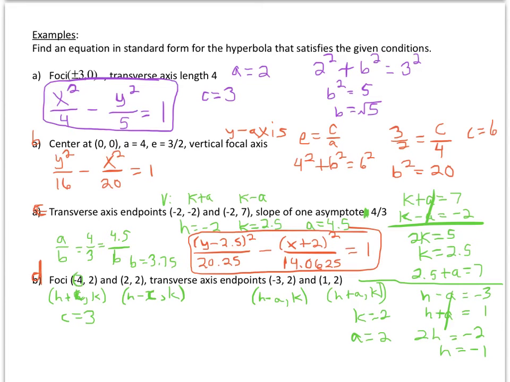Basically, these 2 points are 3 away from h, which is our center value. So if I know that a is 2, and I don't know b, I want to find b, and I know that c is 3. I'm doing 9 minus 4 is 5, so b squared equals 5. Now we're ready to write it. x is going to come first, x plus 1 over a squared, which is 4, minus y minus 2 over b squared, which is 5.